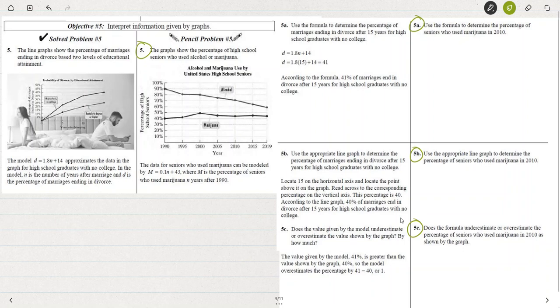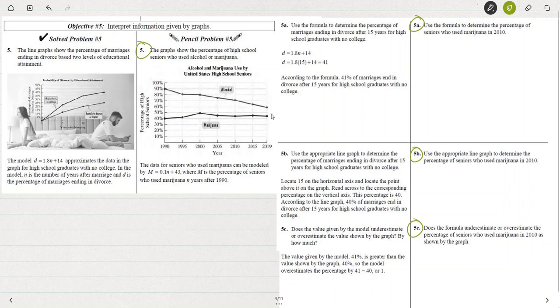It gives us the years, and we can see how they increase or decrease. So I can read this, and it looks like the alcohol use is decreasing from 1990 to 2019, and marijuana use increased a little, and then it tapered off and has stayed somewhat constant.